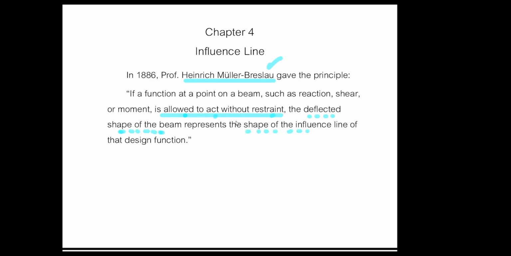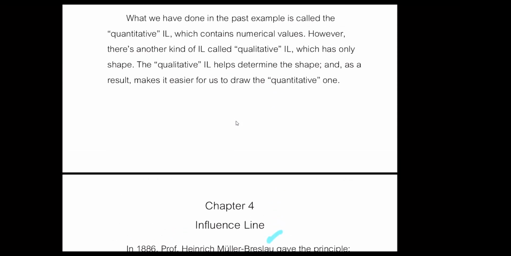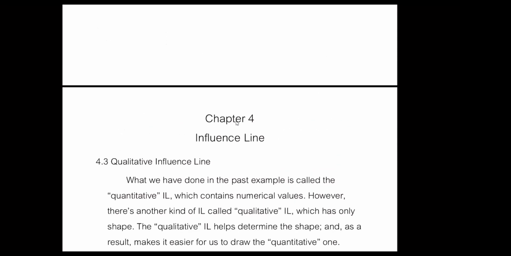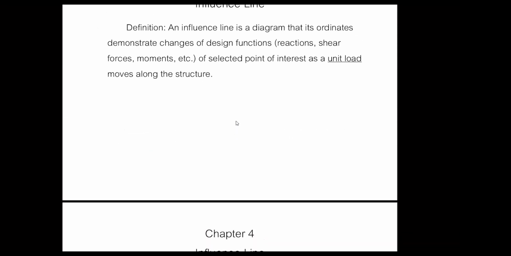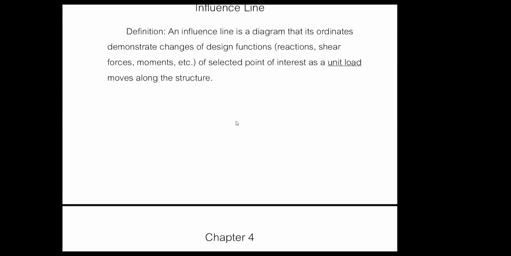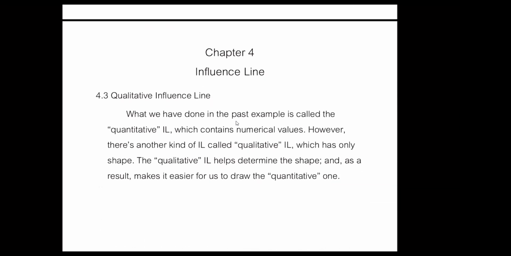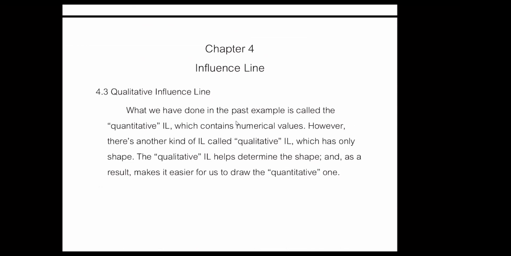So when you have just the shape of the influence line, we call that the qualitative influence line. You will get the shape, but in order to get the numbers into the shape, or the quantitative one, we need to do some further calculation to determine the coordinates. Okay, so let us come back to this again.